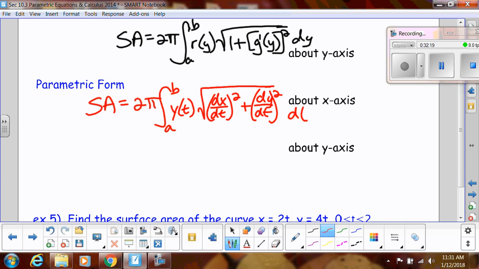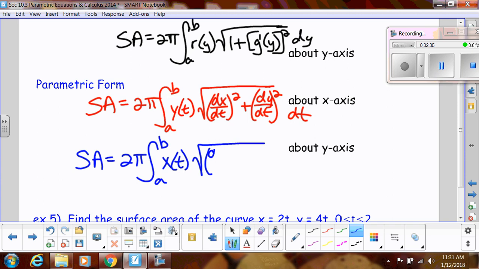Okay, and then if I'm doing about the y-axis, the only thing that changes is the radius. So now the radius about the y-axis would be horizontal, and that would be the horizontal component, which is x of t. All right, the rest of it is the same. Okay, notice that they're both in terms of t.